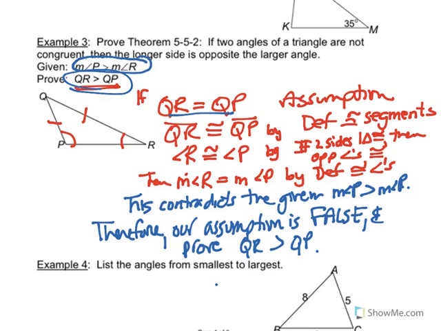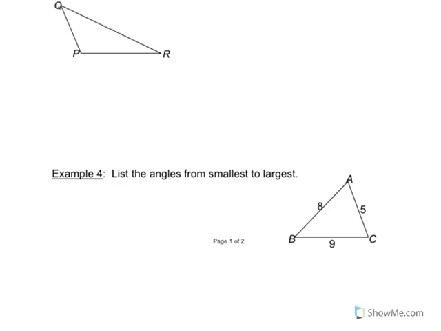Let's look at example number 4. You should be able to answer this one without any help from me. So I want you to do that. Please hit pause. List the angles from smallest to largest.